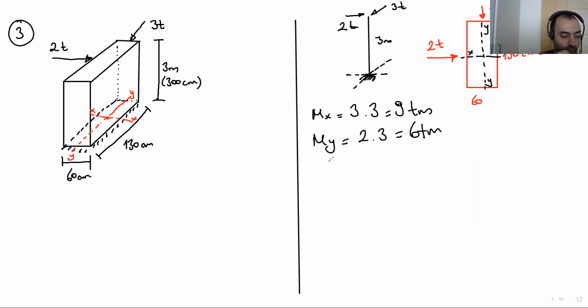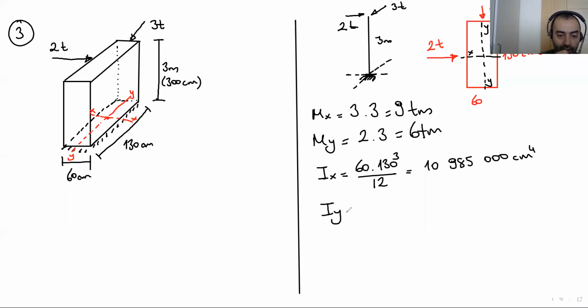Now what we are going to do is calculate Ix and Iy. Ix equals this one and this one, centimeter 4.